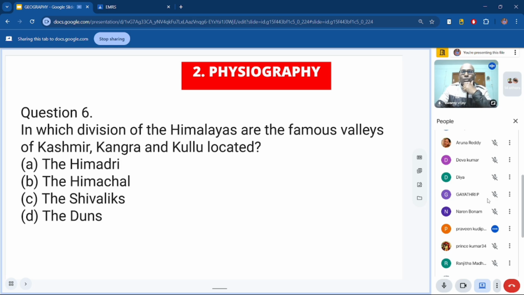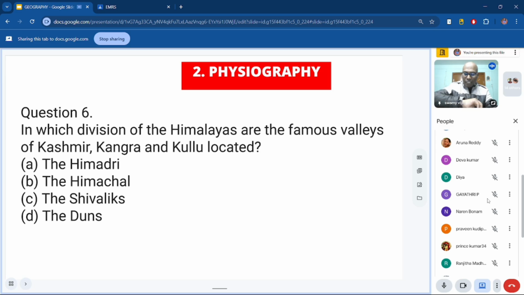Option A, the Himadri. Option B, the Himachal. Option C, the Shivaliks. Option D, the Dunes. These are the valleys: Kulu Valley, Kashmir Valley, Kangra Valley. It is not in Himadri. Himadri is the highest range. Himadri is in Ladakh. We are in the Himadri range. These are not located in the Himadri range. Himadri range is completely cold desert. No grass, nothing. Himachal, Shivaliks or Dunes. So find out the answer. It is either Himachal or Dunes. This must be correct. I'm also not recollecting right now as I'm also tired. So find out. I'll share these questions and you can find out.